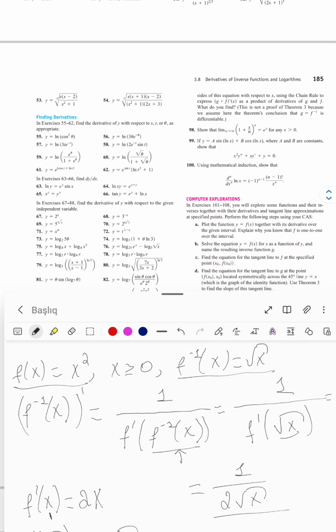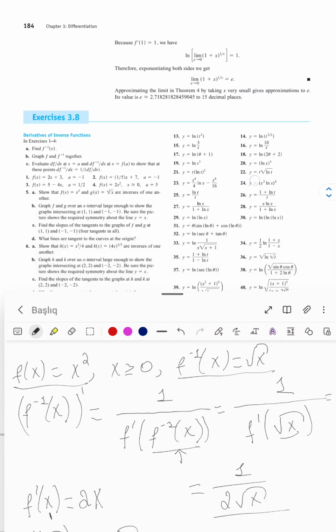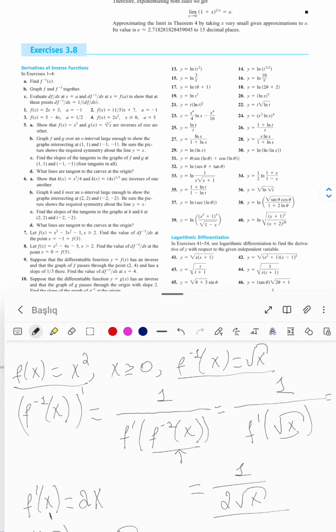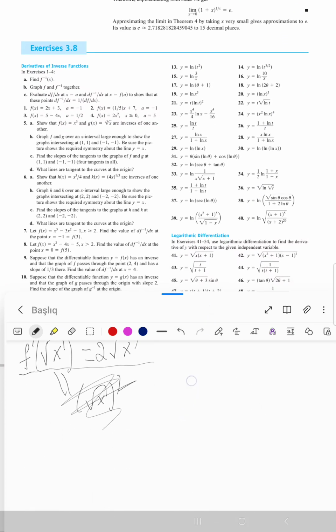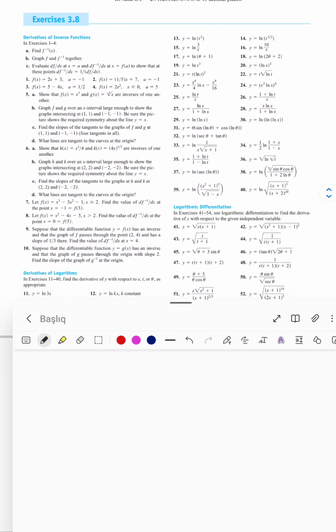This is all about logarithms. It's a nice chapter, by the way. Derivative of inverse function: let me solve a few questions from 1 to 10. Number 4 is easy. Let's take 2.